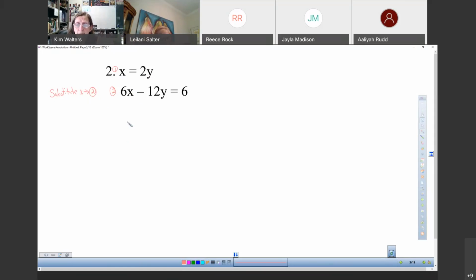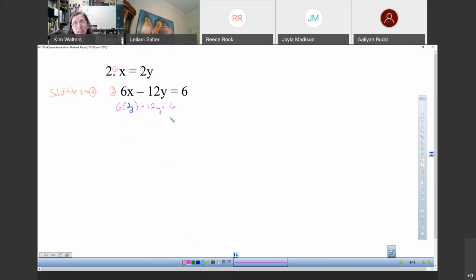So I'm going to drop down here just below this, and I'm going to have 6 and then parentheses, and in place of that x, I'm going to drop in 2y. So 6x becomes 6 times 2y, and then minus 12y is equal to 6.